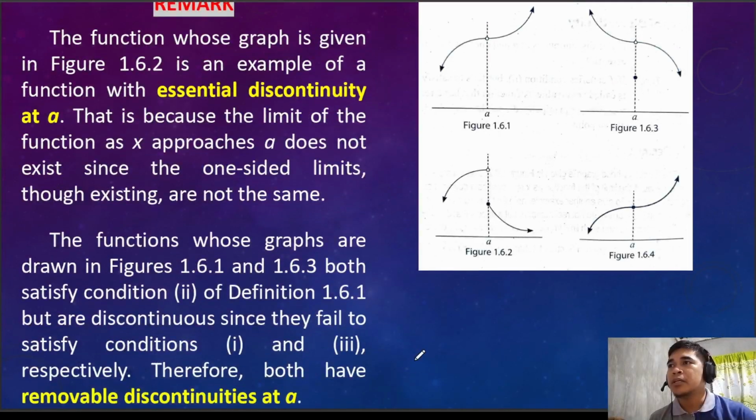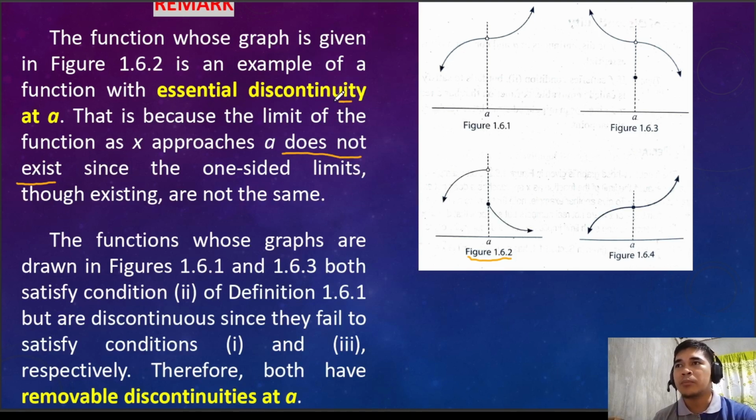So, here, refer to the given graphs or figures earlier. The function whose graph is given in 1.6.2 here is an example of essential discontinuity at a. That is because the limit of the function as x approaches a does not exist. Right? Condition number 2 is not satisfied. That's why this is essential discontinuity at a.